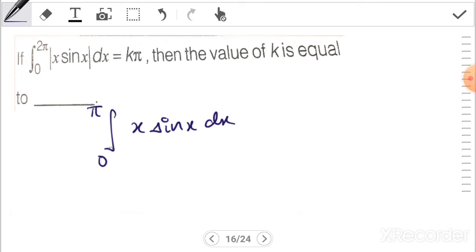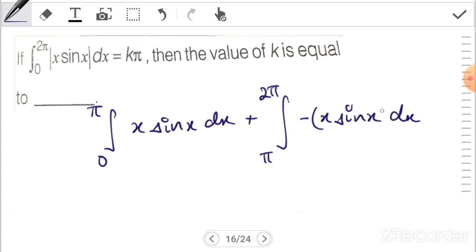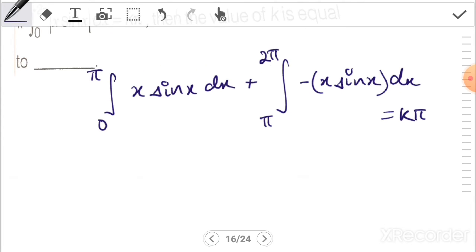Since in 0 to pi sin x is positive, and in the interval pi to 2 pi sin x is negative, this will be equal to the integral from pi to 2 pi of minus x sin x dx, which is equal to k times pi.